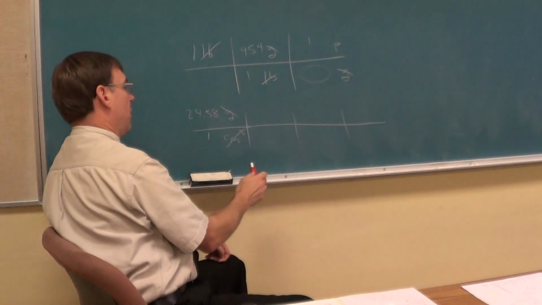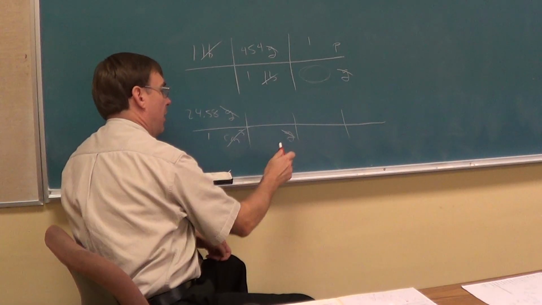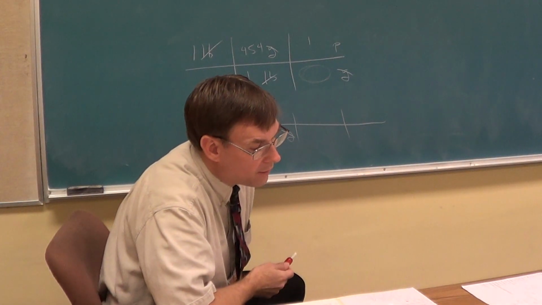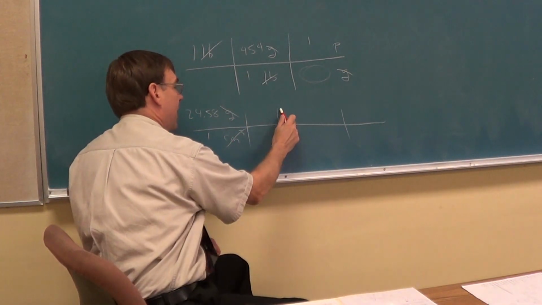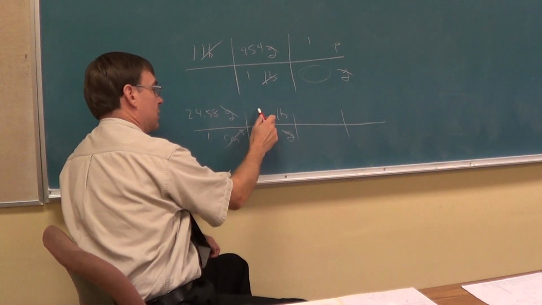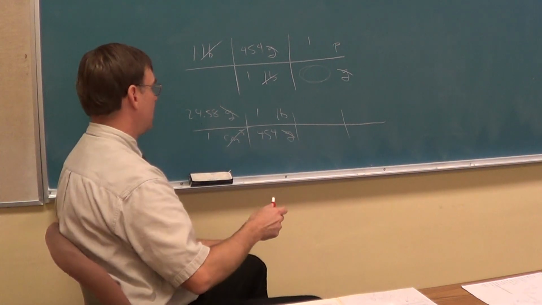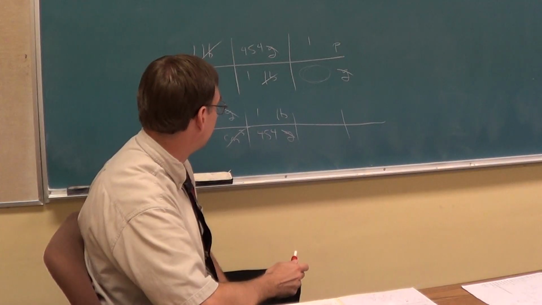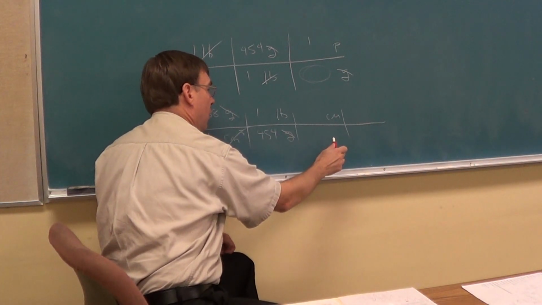So we're faced with similar choices. Grams again needs to go out, and that puts grams on the bottom. This time though, we want to get from grams to pounds, and I have to give you that conversion factor because nobody really knows that 1 pound is 454 grams. That's just not a fact we memorize. Centimeters still wants to go out.